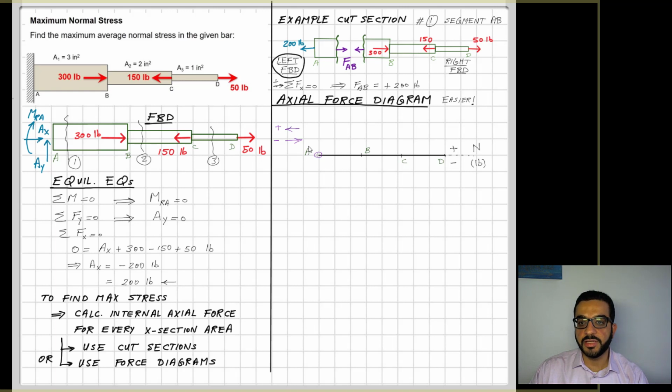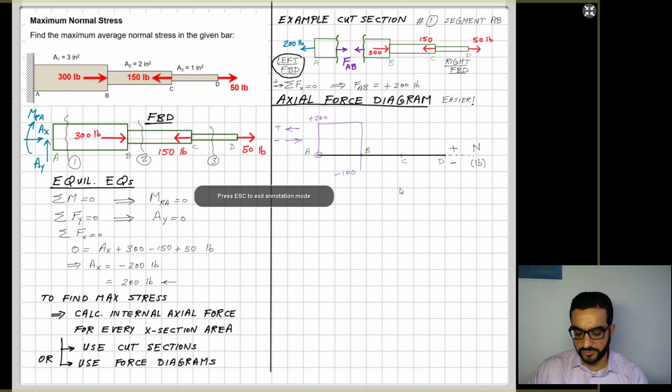So I start from the left, I hit the 200 reaction, so that brings me up to 200. Nothing happens until B, so it's a straight horizontal line until I hit the 300, which is going in the negative direction, so it drops me from positive 200 to negative 100. Keep going with that, and you will see that this is the diagram we have.